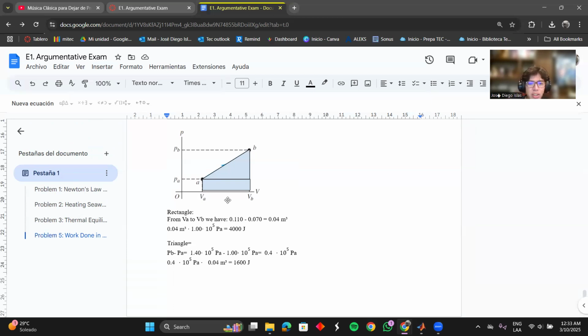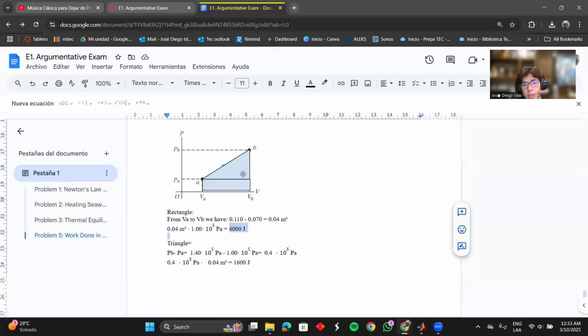So we know that between here and here it is 0.04 meters cubed. And we know that the altitude, which is PA, is equal to 1 times 10 to the power of 5 pascals. So we know that the area this represents is equal to 4,000 joules.